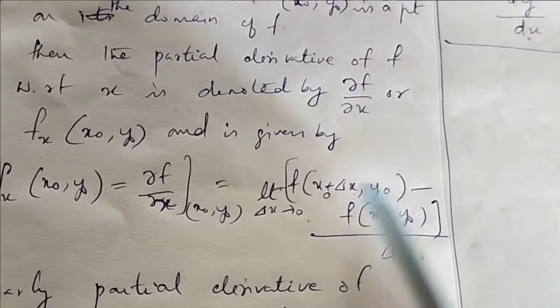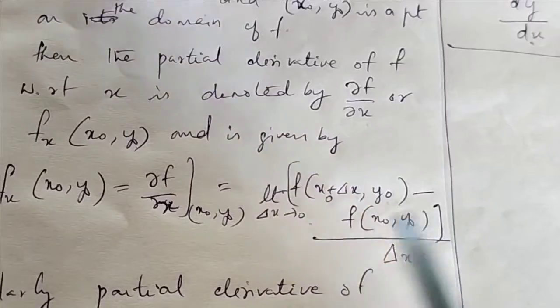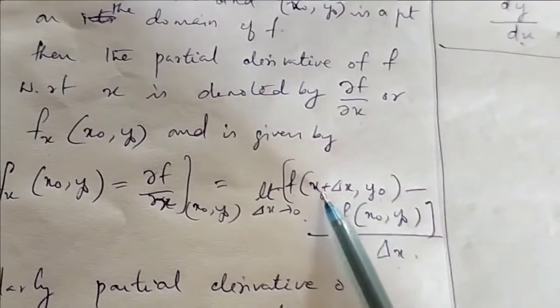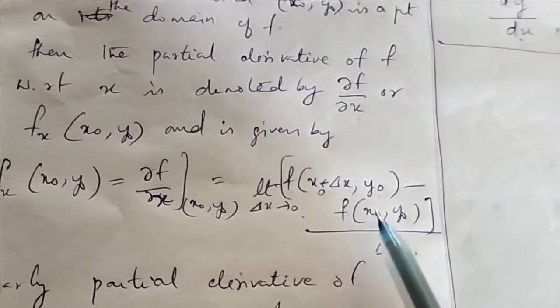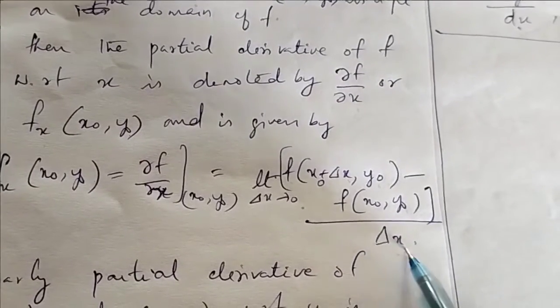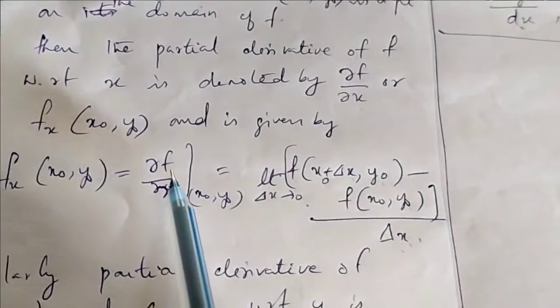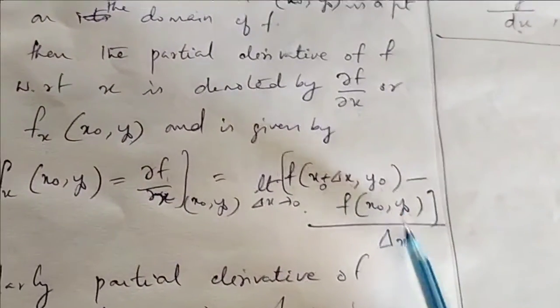The y coordinate is y0 itself and it is not changing. Only the x coordinate changes, x0 plus delta x. So that is the derivative with respect to x. Here the partial derivative of f with respect to x means y will not change.